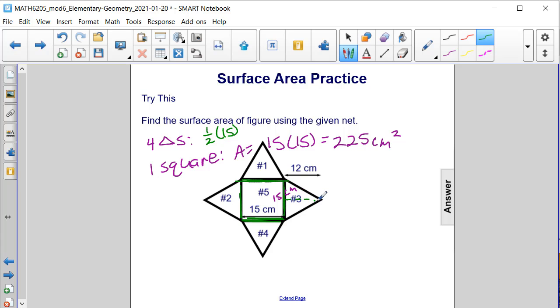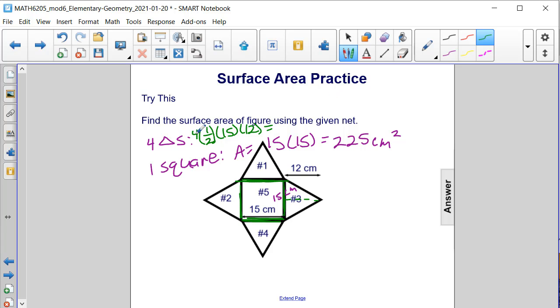So this height here will be equivalent to the 12 that we have listed up here. And all of these triangles are the same. So instead of writing this out 4 times and adding them, you can multiply this formula by 4, since there are 4 triangles that have the same base and the same height.